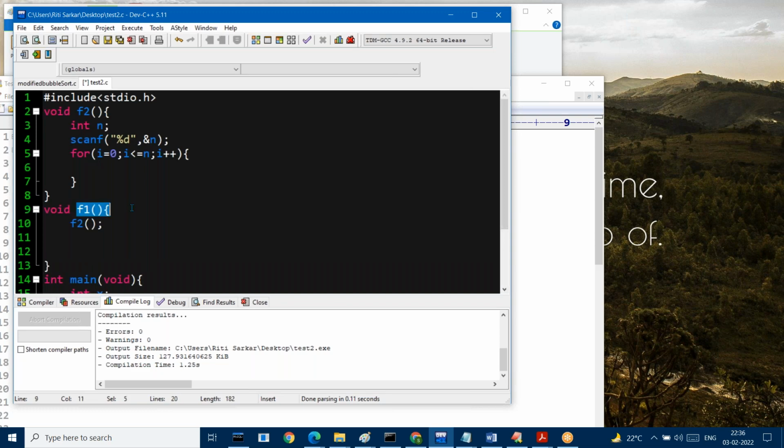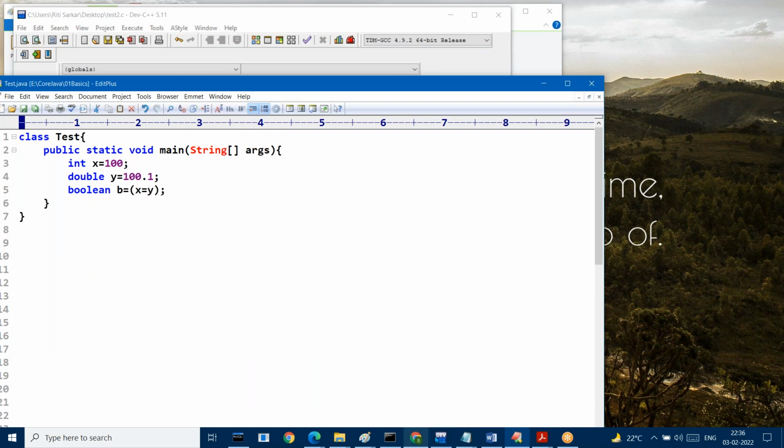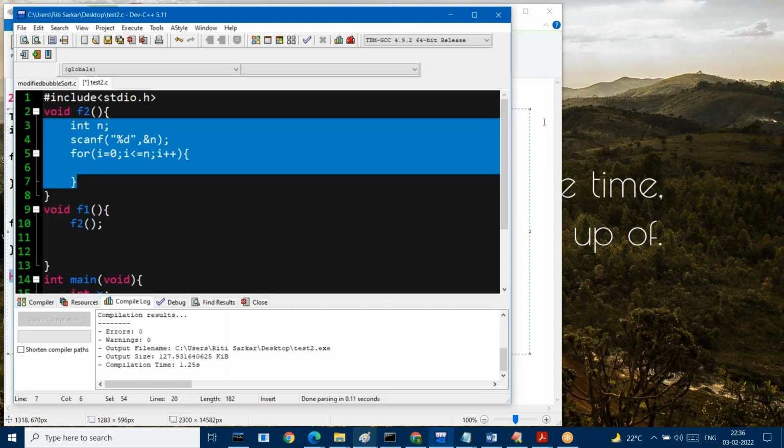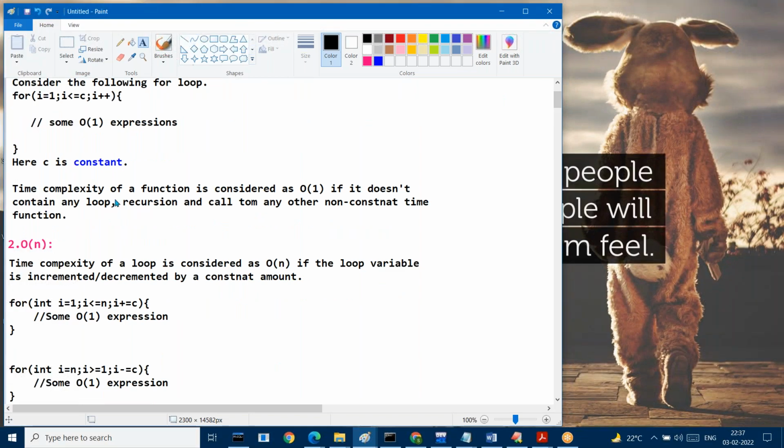But I said F1 complexity will be order of 1 in which cases? Sir, if it doesn't contain any loop, or if it contains a loop whose complexity is order of 1. If it doesn't contain any recursion, or if it is not calling a non-constant function. If it doesn't contain any loop, order of 1 definitely.